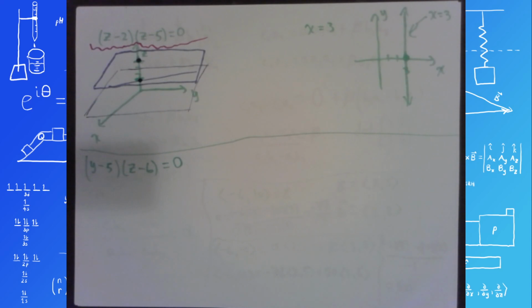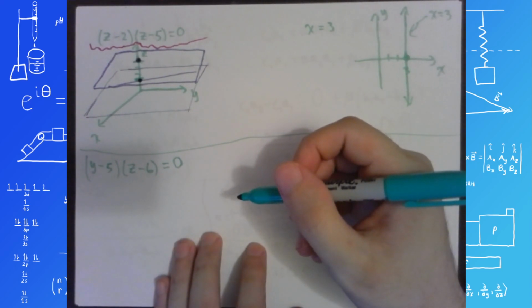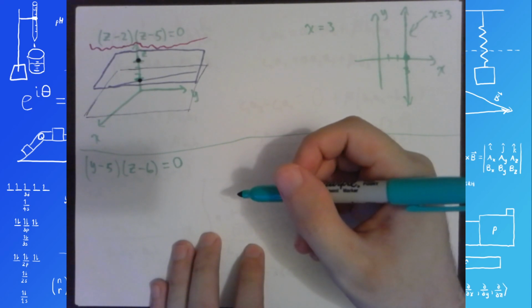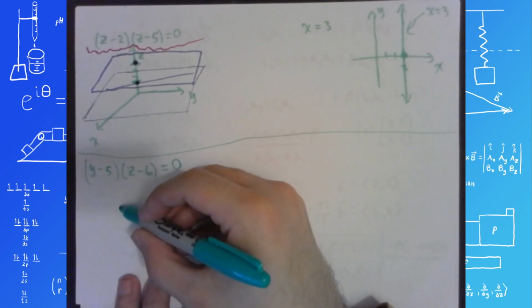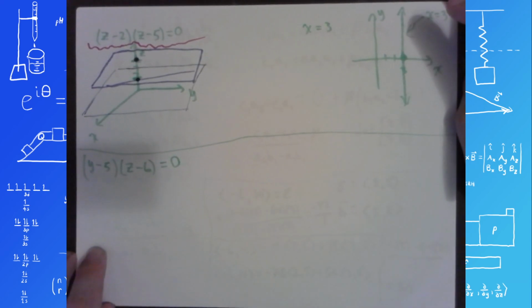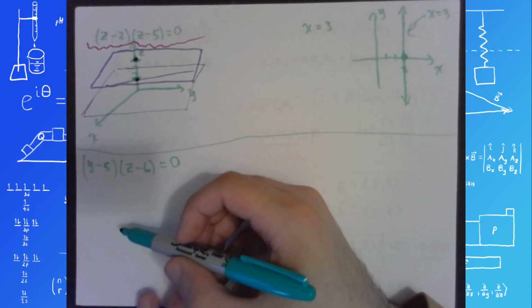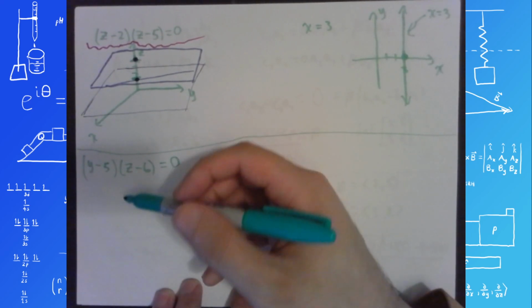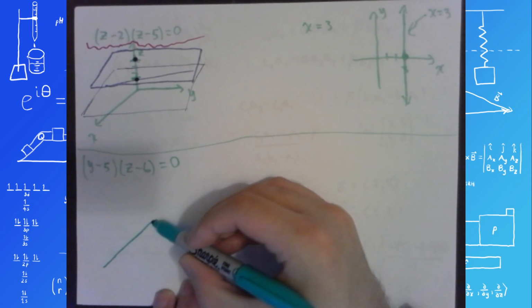That would imply that either y equals 5 or z equals 6. All points where y is equal to 5, or all points where z is equal to 6, or both. This is going to be the intersection of two planes, and the intersection of two planes forms another familiar shape, a line.